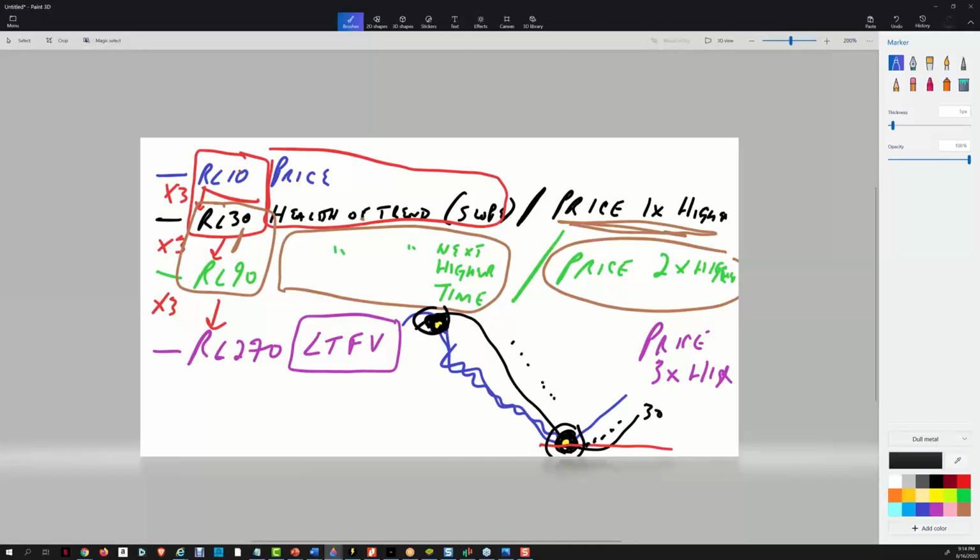And the actual little wobbling of the price in the RL10 is not as important as these big turning points in the RL30. That's why in the owl pattern, the 5th criteria is the slope of the RL30 reverses back up.